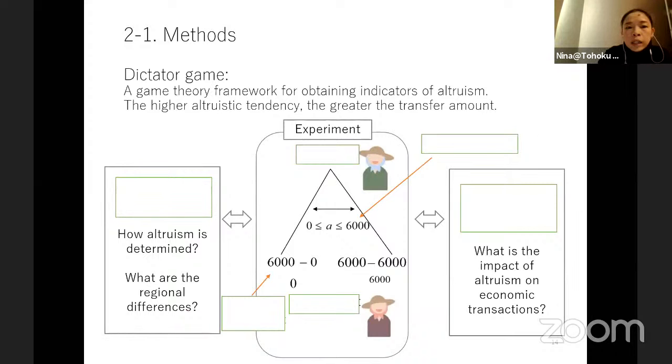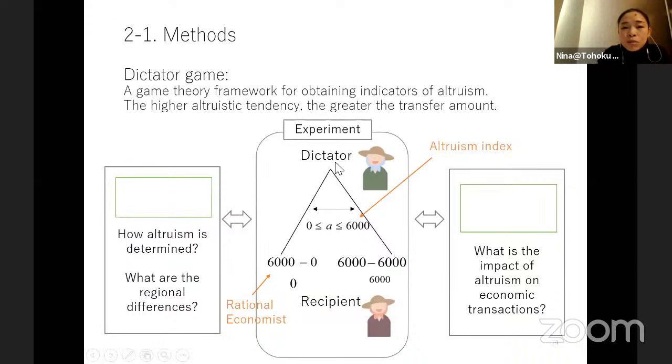Like this, in the Dictator game, there are two players. The Dictator chooses how much to give. And the second player does nothing, just receives the share. The Dictator chooses how much money to give to the recipient from their initial endowment, in this case, 6,000 rupiah, for example. From 6,000 rupiah, if he is a rational economist, then he will not give anything. He will take all of the 6,000 and give 0 to his partner, the recipient.